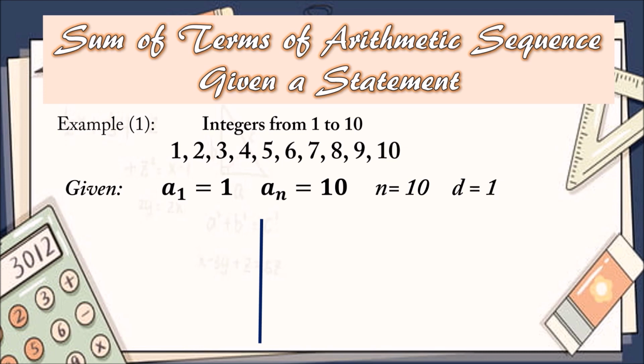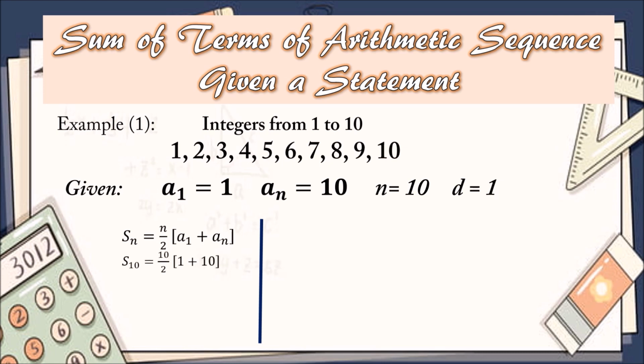Since we have two formulas, ipapakita ko sa inyo yung dalawang formula para meron kayong choices kung ano yung mas madali para sa inyo. The first formula, S of n is equal to n over 2, open parenthesis, a sub 1 plus a sub n. So, isa-substitute lang natin yung mga given sa ating formula.